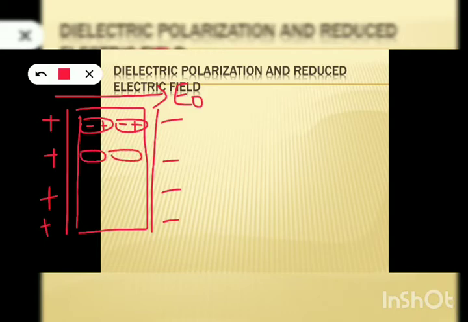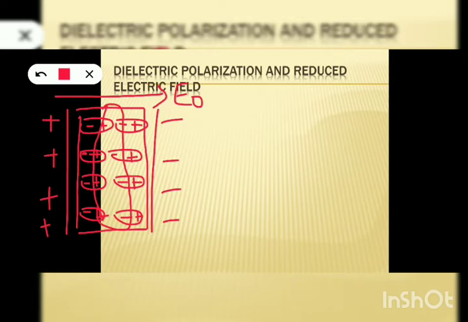So all the molecules inside the dielectric will be aligned in this manner. All the negative charges will be accumulated here and all the positive charges will be accumulated near the negative end of the plate.